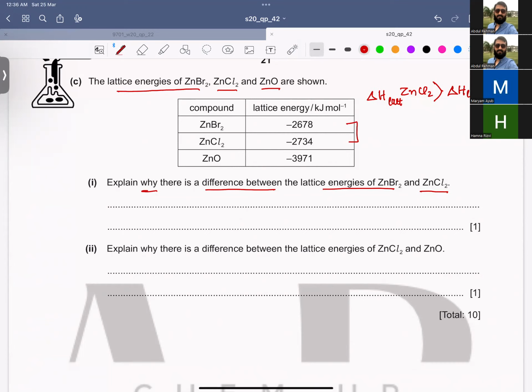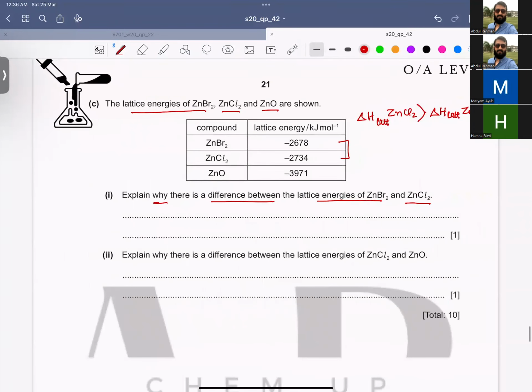कैन एनीबॉडी रिकॉल which factors affect the lattice energy? Yes, can anybody recall? The size.